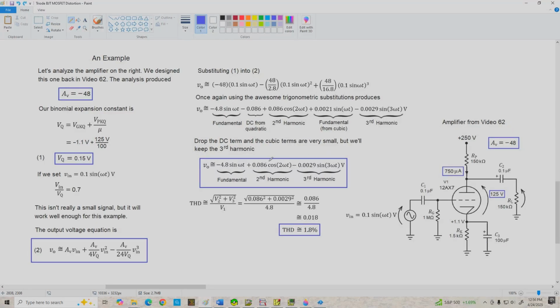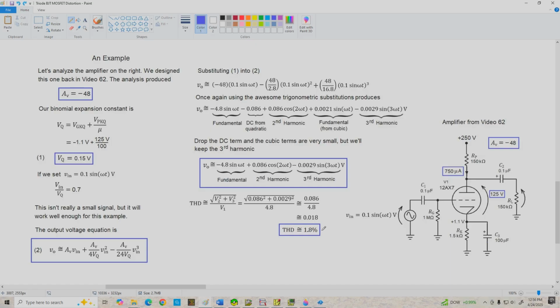We're going to take a look at the graph of this equation in a minute, but first I want to put things into a little better context. Back in video 62, we showed that this amplifier can produce an output voltage of greater than 100 volts peak to peak before clipping occurs, and we're only using a very small portion of that output voltage swing available here, so it makes sense we've got a pretty low distortion.